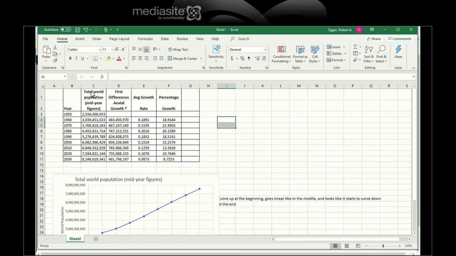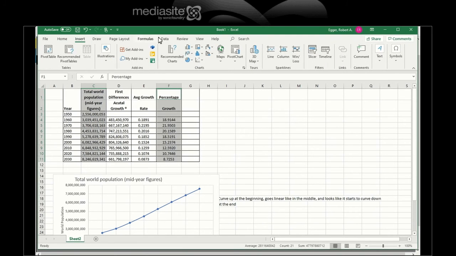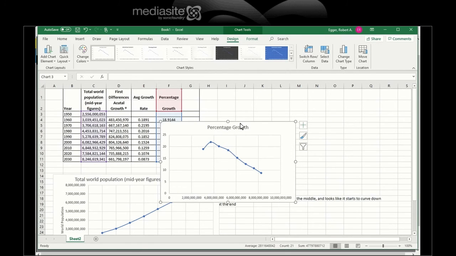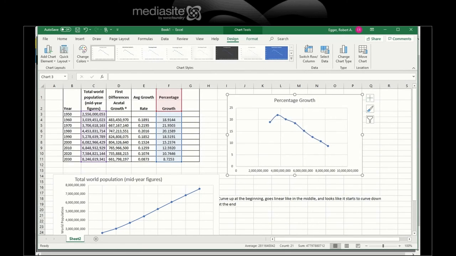Okay, so let's have, there's my x-axis, and is the shift? Nope. Highlight the first one for your x, hold down the control key, percentage growth. And let's do an insert. And there's a graph.